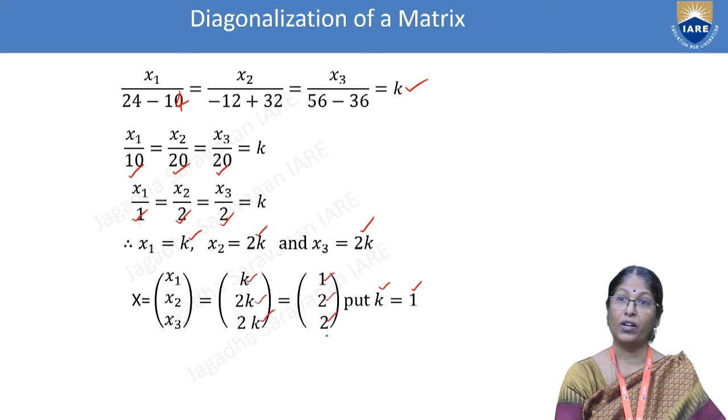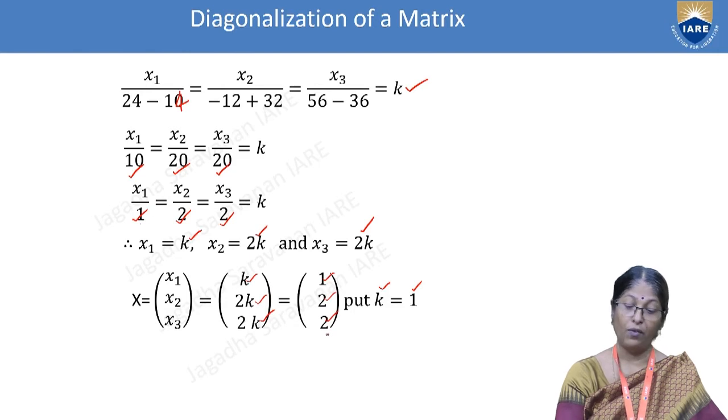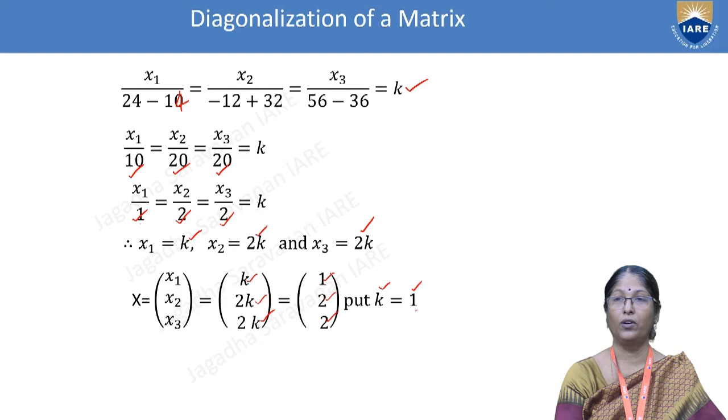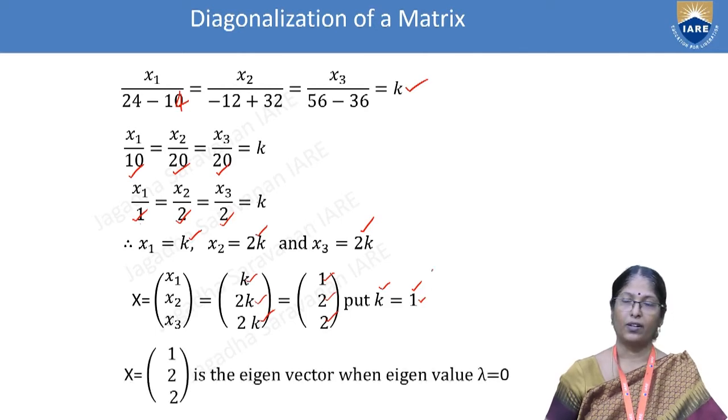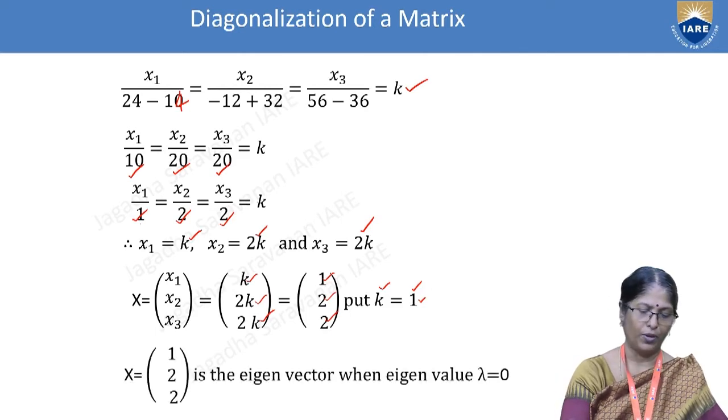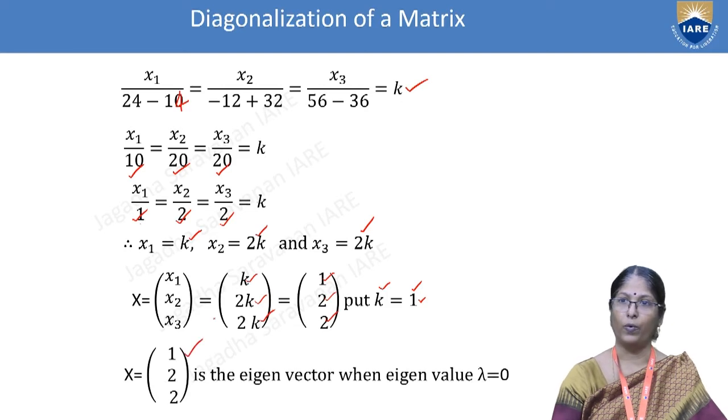But according to our definition, an eigenvector is a non-zero vector. So 0 is not included. So a non-zero arbitrary constant we have to take. That is the reason, when lambda equal to 0, we got this eigenvector.